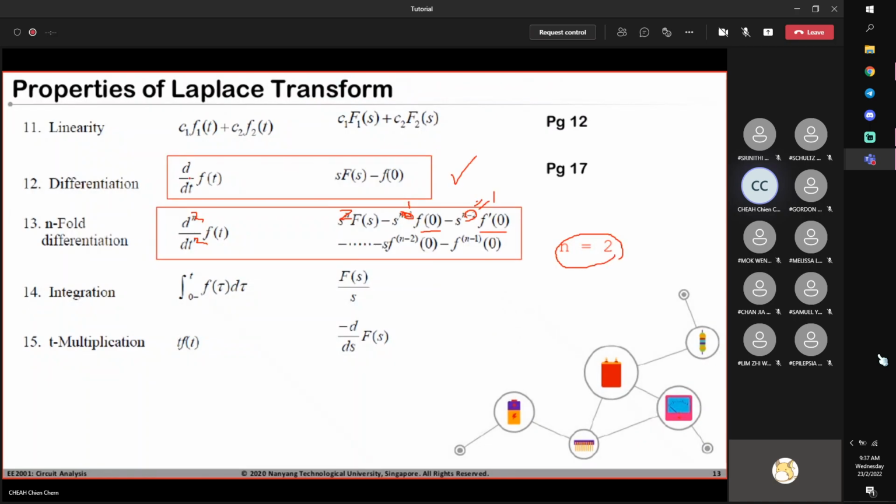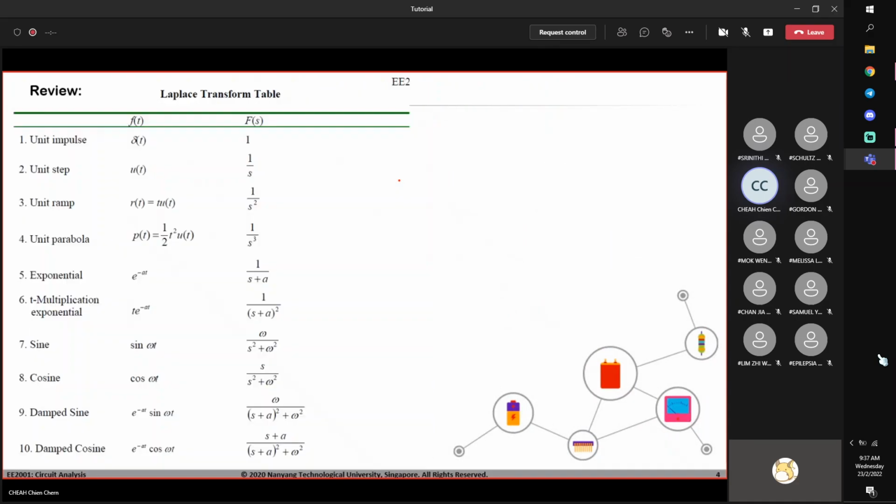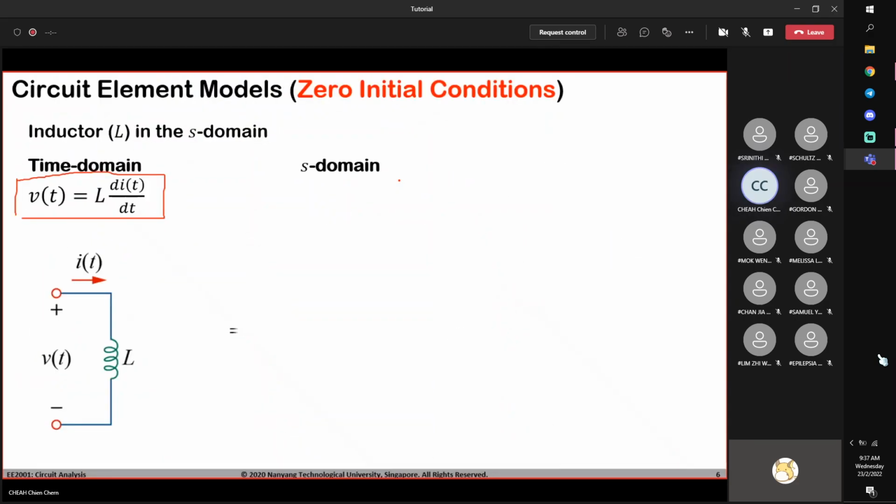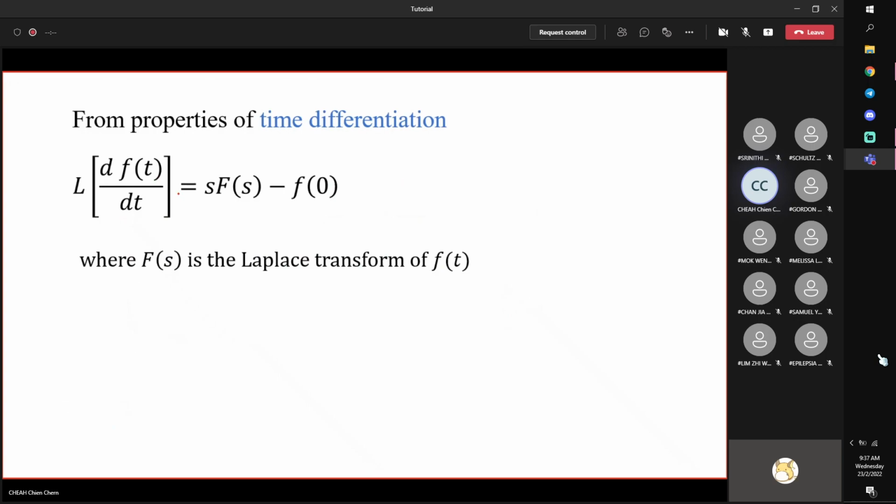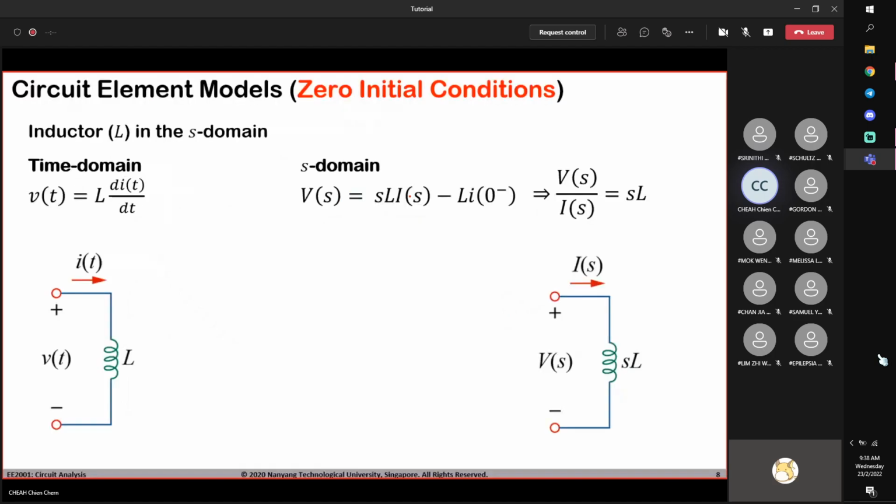It will tell you that dv/dt is sV(s) minus v(0). Then you know that you can naturally transform it into the Laplace domain using this time differentiation property, in the sense that di/dt will be sI(s) minus the initial current.